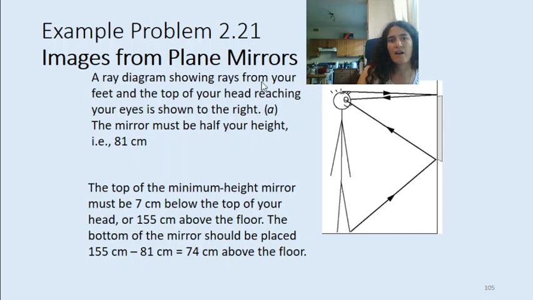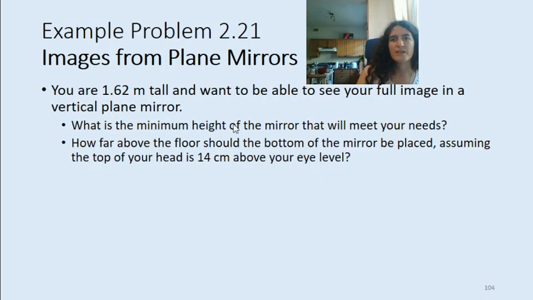The eyes are, let's see. So it says that my eyes are 14 centimeters below the top of my head, right? And so that means that my eyes are, let's see how tall, 148 centimeters above the ground, right?